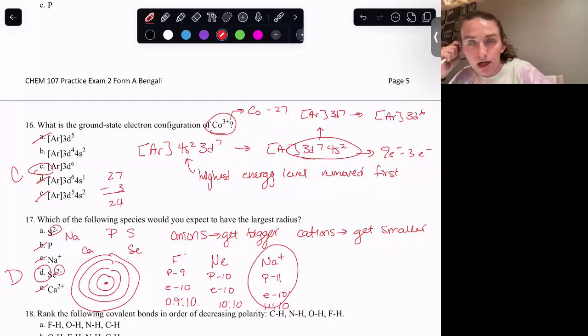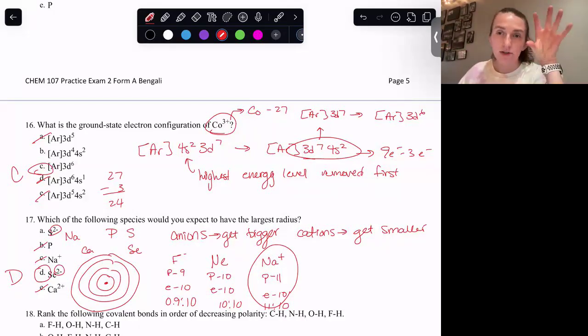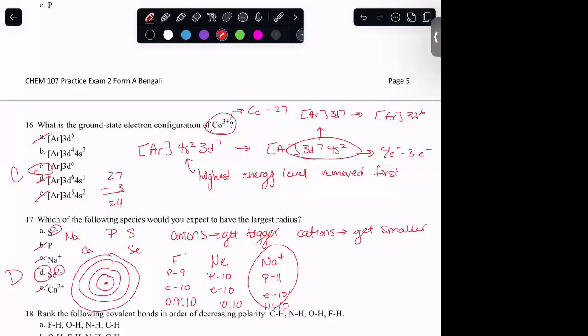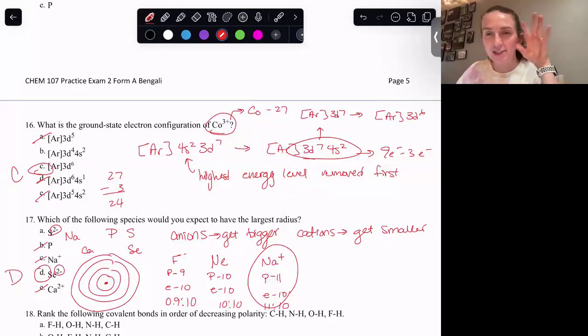Yes. Yep. Right, if you had something that's not a transition element, no, I don't want to generalize. Okay. Yeah. That works. It just works the same way.